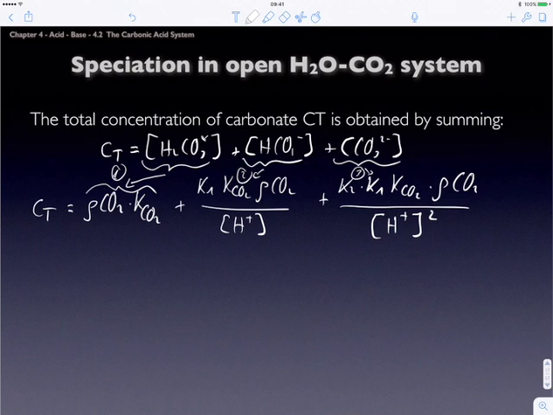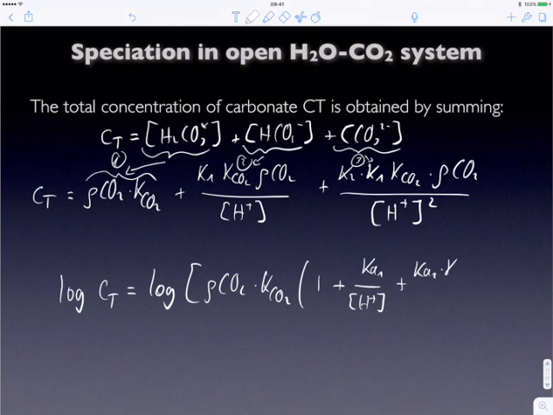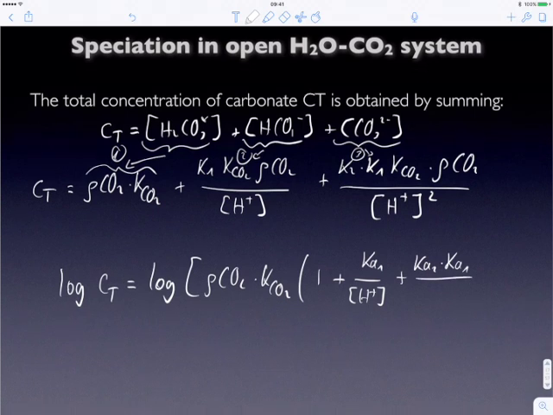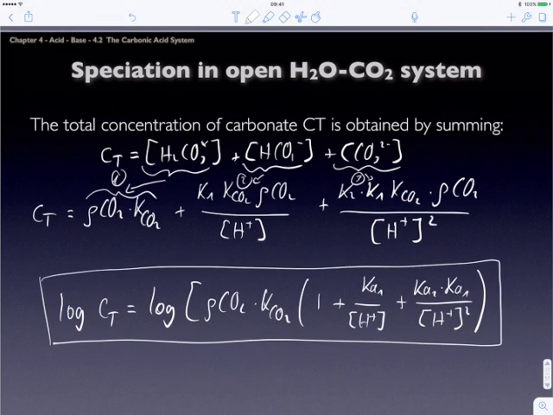And if you take the log of it, it's a little bit more complex, but just to simplify that, you're going to have PCO2 times KCO2 multiplying 1 plus Ka1 over H plus plus Ka2 times Ka1 divided by H plus squared, and this can be plotted on the graph.